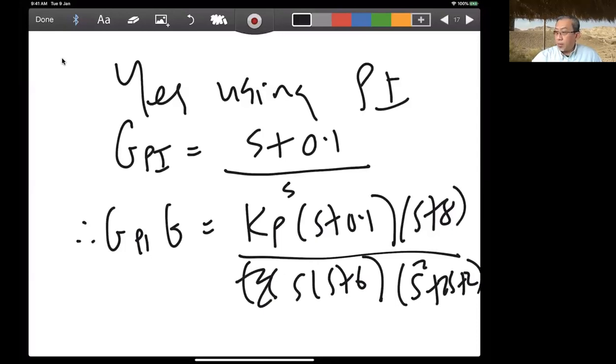Then this is the new overall transfer function with the PI controller.